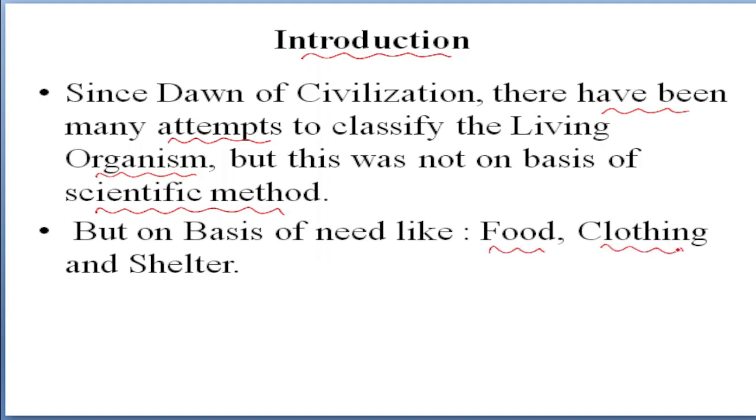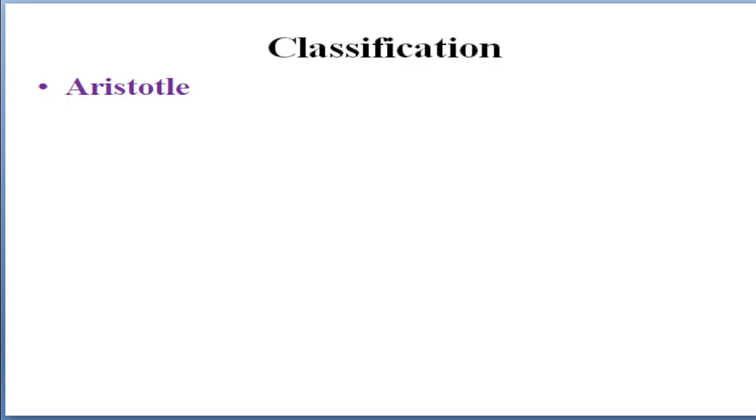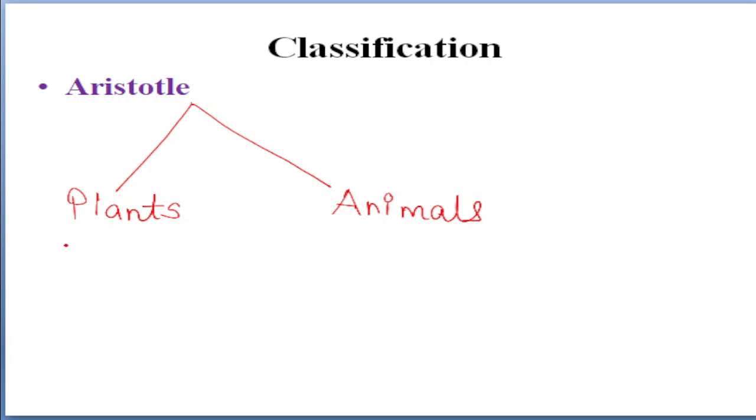Let's move further. Now, the very first classification was explained by Aristotle. He classified the organisms into two: first, plants, second, animals. In plants, he included herbs, shrubs, and trees.